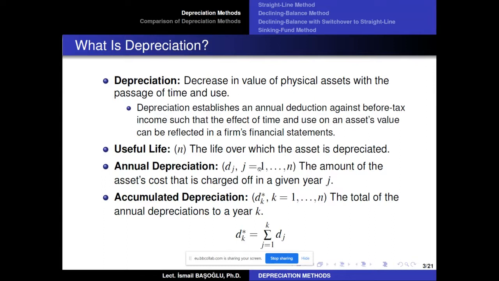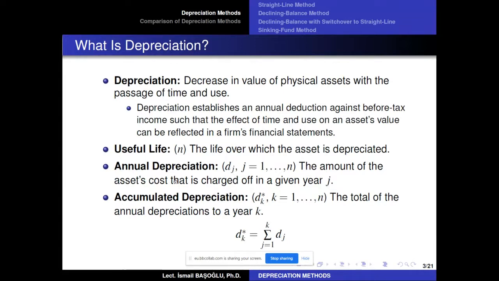So for its useful lifetime of n years, in every year it will lose some of its value, and this is called the annual depreciation amount. That depreciation amount can be different from year to year. Not every year is the depreciation amount constant.